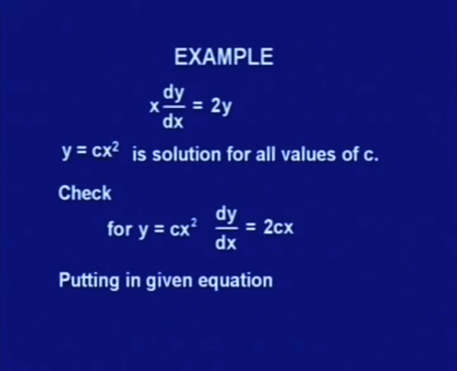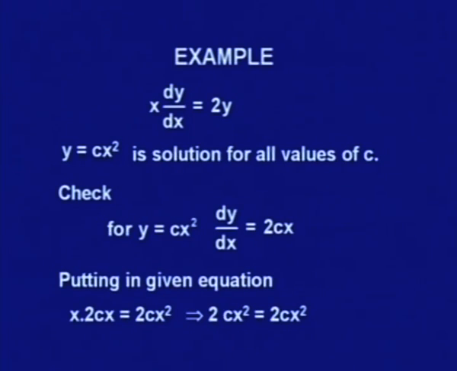Now, if I incorporate these into the equation, what I get is x times 2cx is equal to 2cx square, which is nothing but the right hand side. Thus, cx square is also satisfying this equation for all values of c.